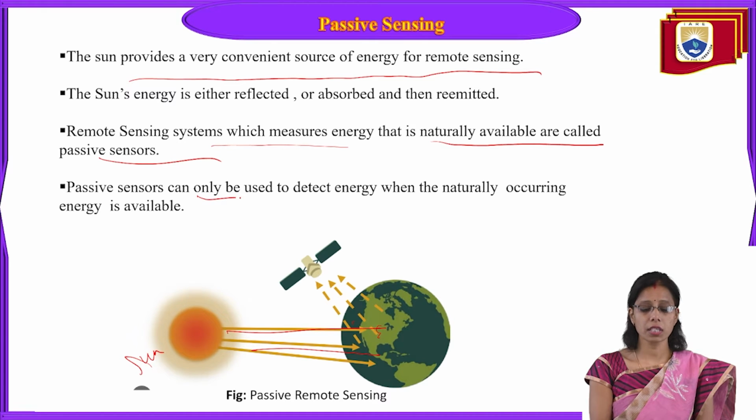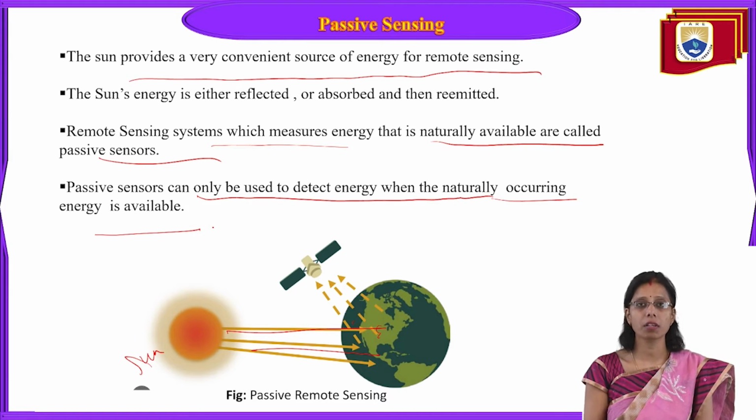Passive sensors can only be used to detect energy when the naturally occurring energy is available. So always remember, passive remote sensing needs sunlight. Whenever the sunlight is available, only then are we able to capture the information of the ground surface. Otherwise, we are unable to.